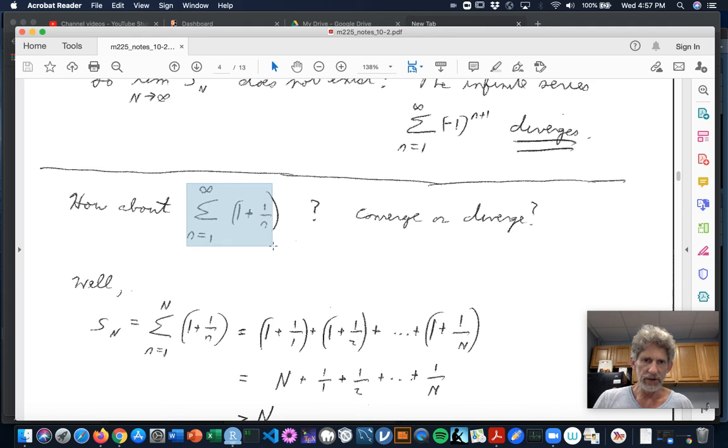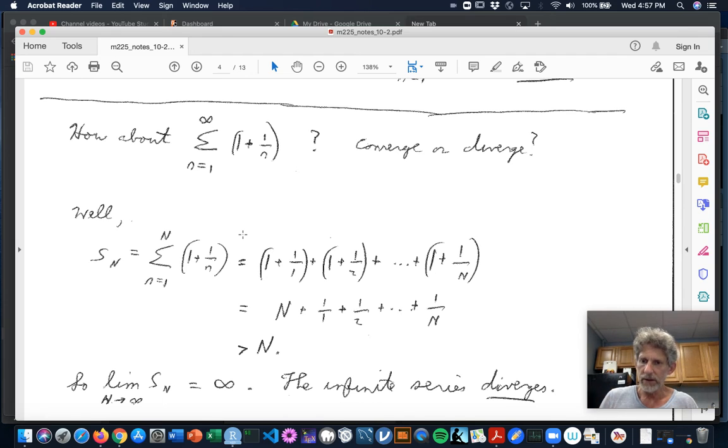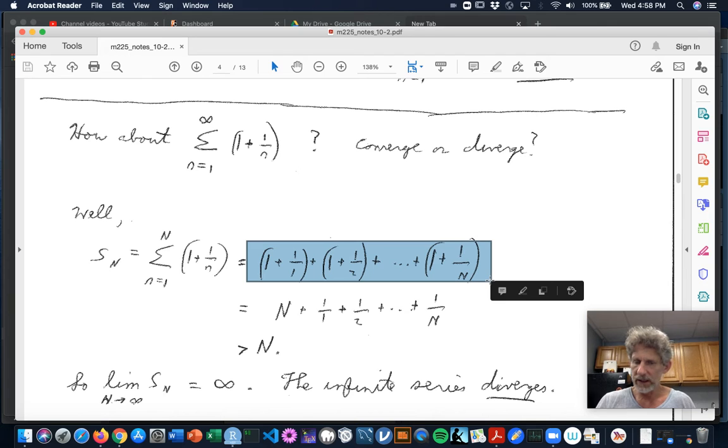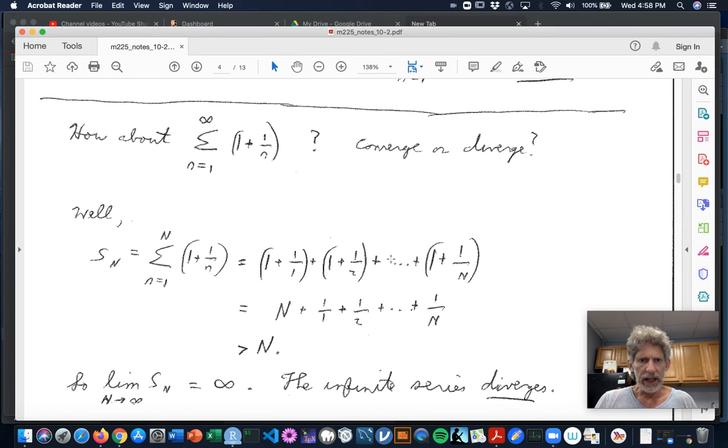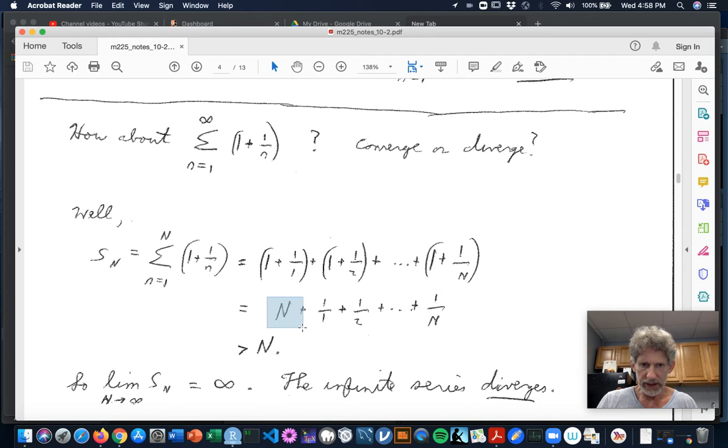How about this infinite series? Does it converge or diverge? Well, again, we need to examine the sequence of partial sums. So we look for a general formula for the nth partial sum. Write it out like this, write it out longhand, see what we can get. And here I could use commutativity of addition. I could group the ones together and add them together, and that would be a capital N because there's capital N of those ones.